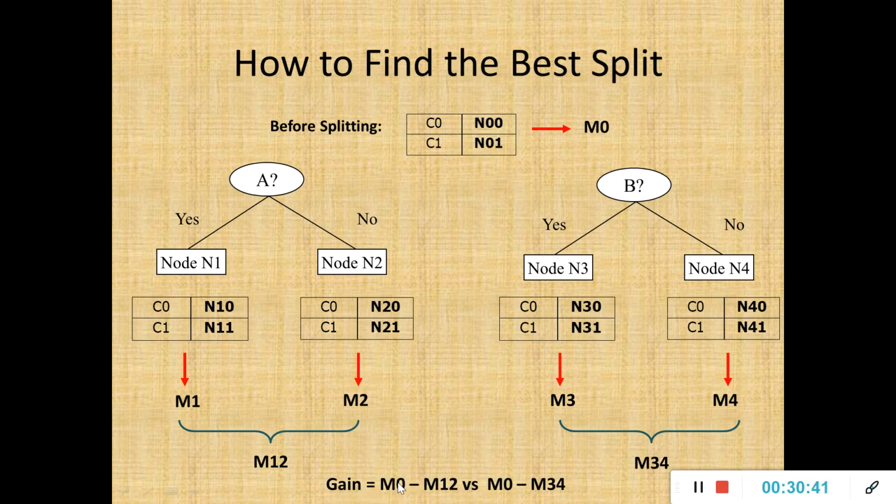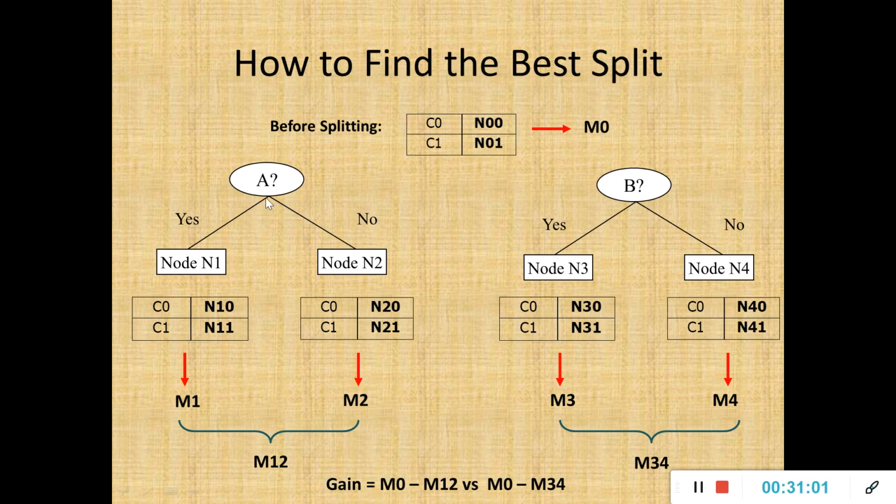That's how I calculate the gain, by subtracting M12 from M0, and similarly M34 from M0. So I get the value for the A and B splits. Whichever value is less will be the best split.